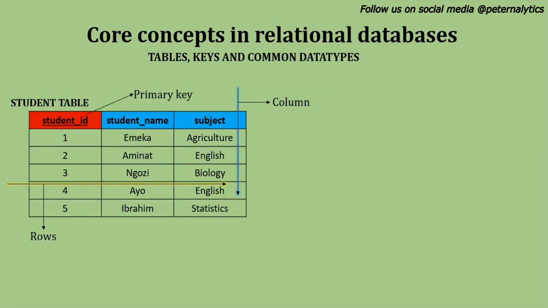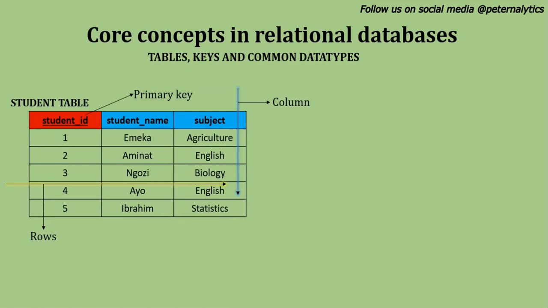Anytime we have a table in a database, it is very important that we define the primary key. This primary key is usually unique. In this student table, for example, no two students can have the same student ID. Students can have the same name. Two people can bear Emeka, three people can bear Ayo. In fact, two people can offer the same subject.